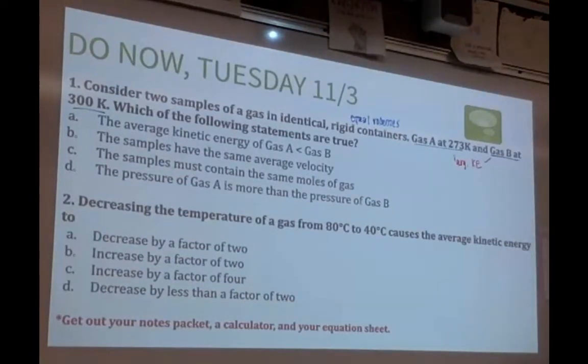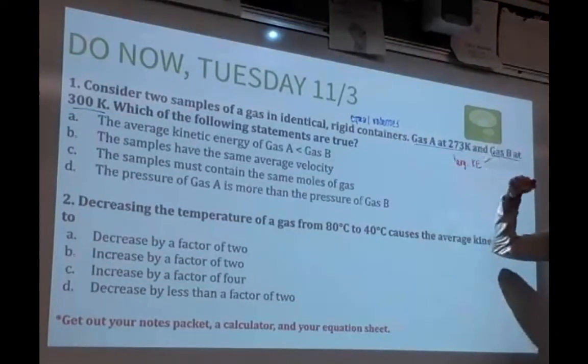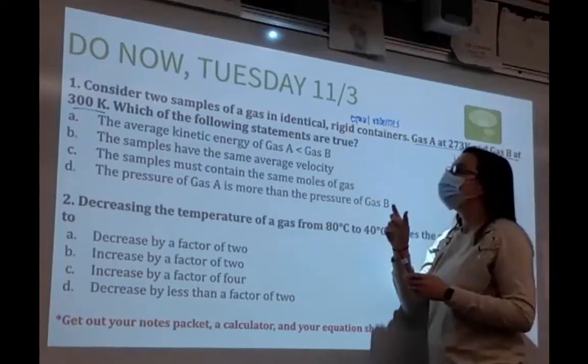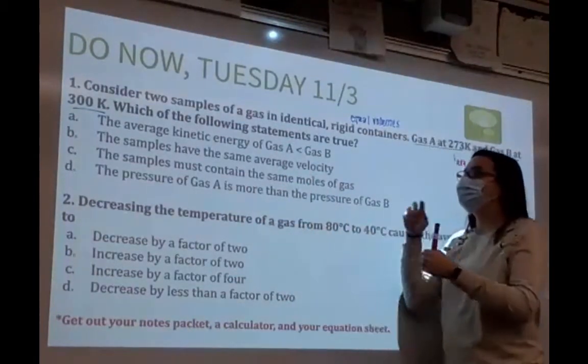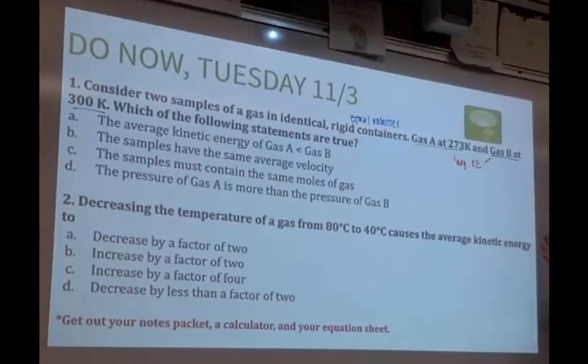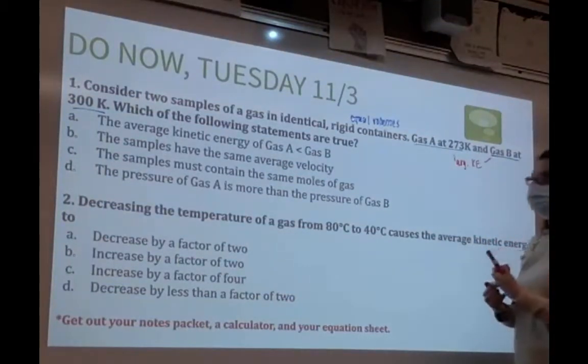So the one that has a higher temperature, according to the kinetic molecular theory, that's dealing with the motion of gases, the higher the temperature, the faster the gas particles move. So the more they collide, the more pressure, and then also the more they move, the higher the kinetic energy.